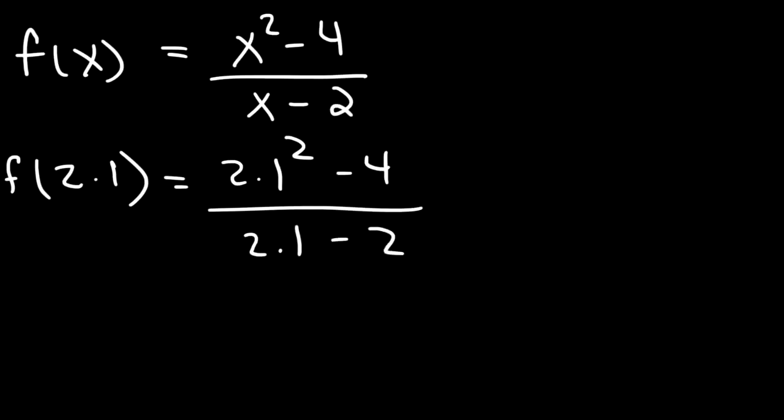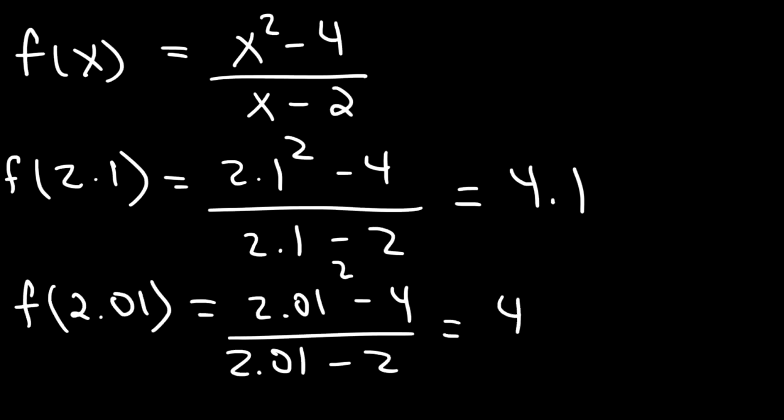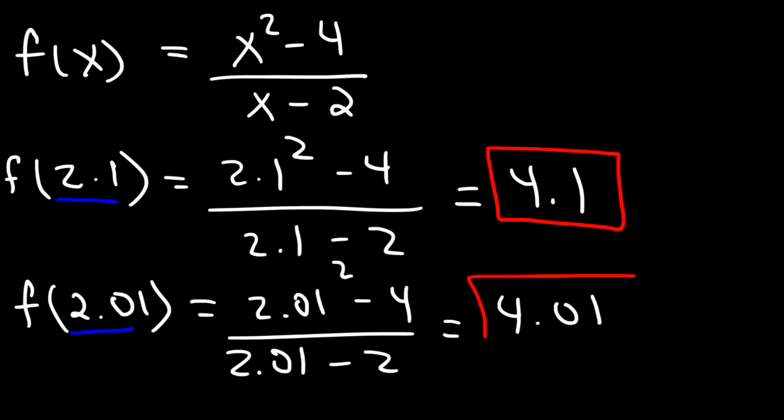If we were to plug in 2.1 into the function, you should get 4.1. Now, what if we plug in a number that's even closer to 2? Let's say 2.01. Well, if we do that, this will give us 4.01. So notice that as x gets closer and closer to 2, the value of the function gets closer and closer to 4.